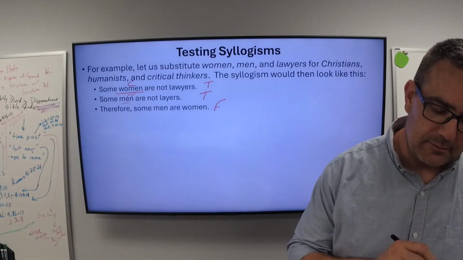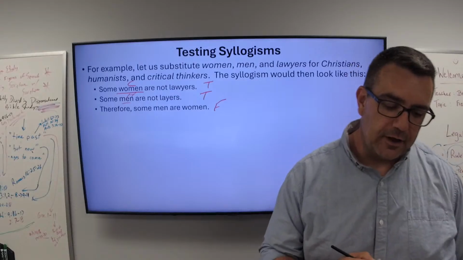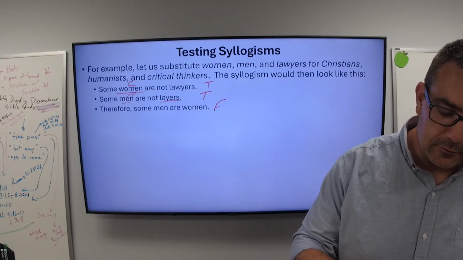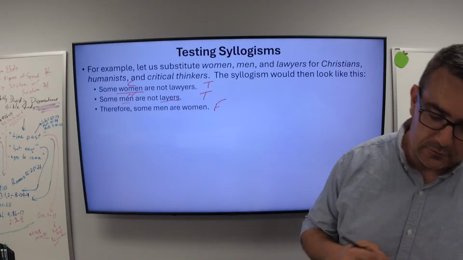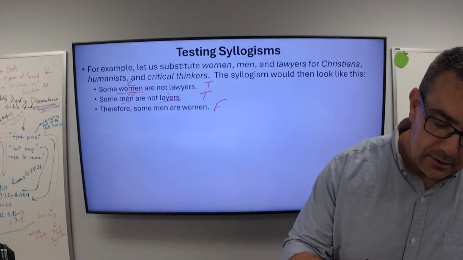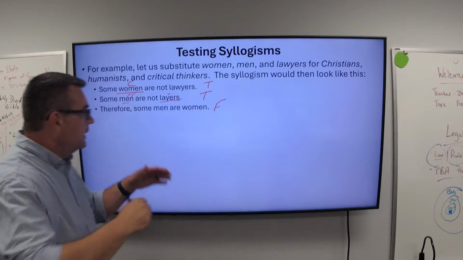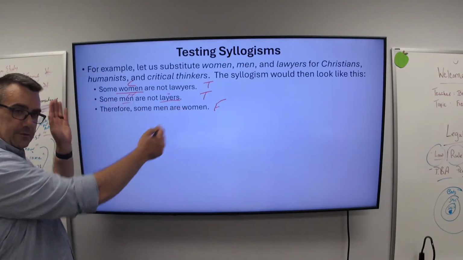So that would have originally been an H. And for critical thinkers, we swapped in lawyers. So this was originally CT, or critical thinkers. Okay? So in substituting out the terms, do we get nonsense? And that's what this is. This is nonsense.